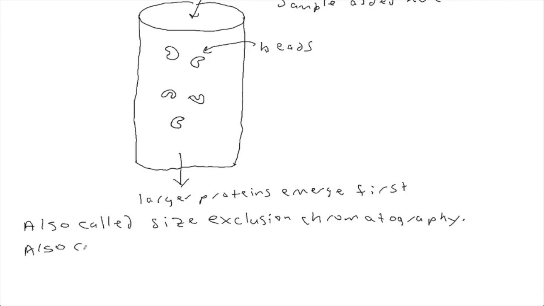Because it separates based on size. And in particular, the large proteins are excluded from getting trapped in the beads. So actually, in a way, this seems like a better name. Gel filtration doesn't give you much sense of how this works. Size exclusion chromatography seems a better name. Also, your textbook calls it molecular exclusion, which again, to me, seems like a less informative name than size exclusion.